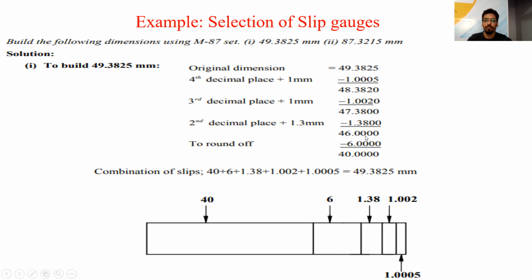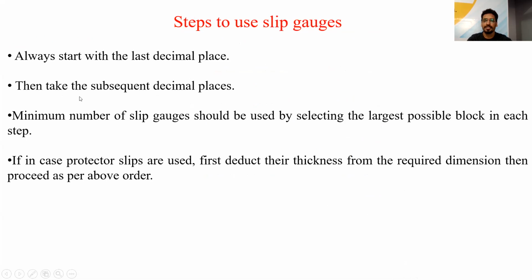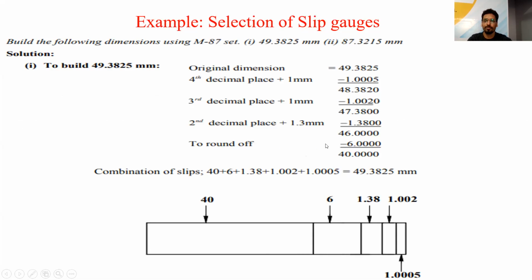Now, we have no slip gauge of 46 mm directly in this table, but we have the slip gauge of 6 mm in this range. So we will use the 6 mm slip gauge from this table M87, and we subtract 6 mm from 46.